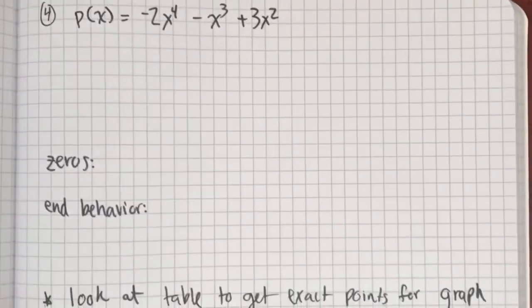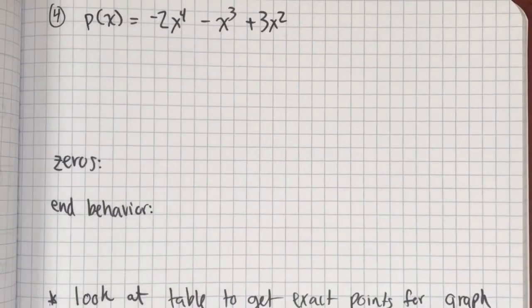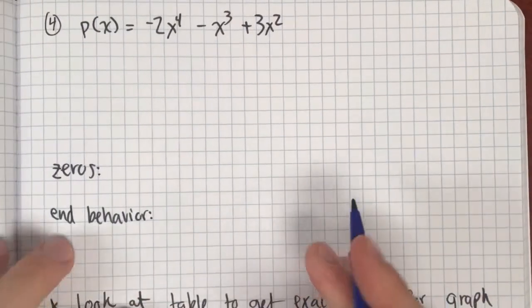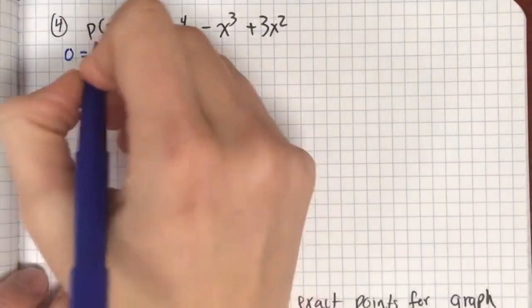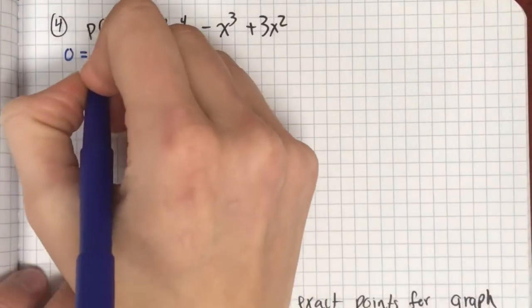All right, and here we're actually going to find all of our zeros and just look at our graph. So first of all, we need to start by factoring this. So we can set this equal to 0, and let's go ahead and take out a GCF of -x squared.